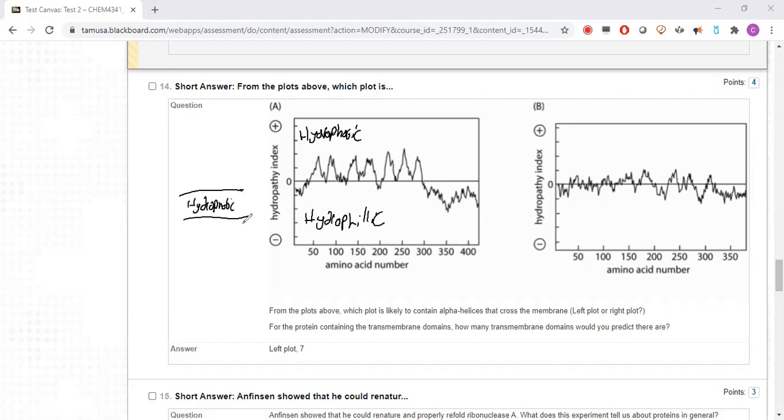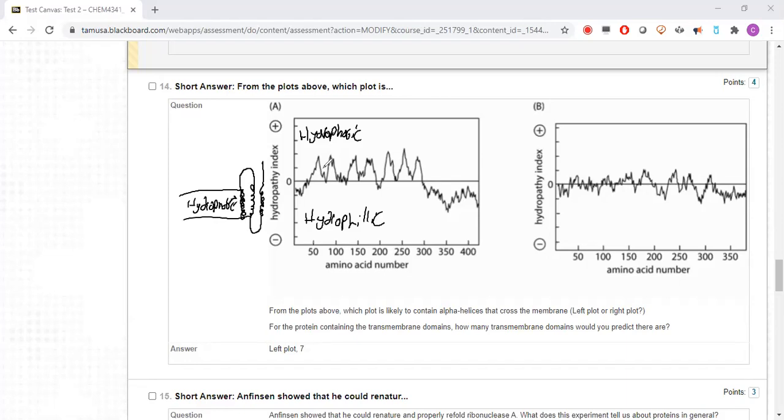So if I'm an alpha helix that goes through the membrane, that alpha helix must also be hydrophobic, right? So what you're looking for is large areas of hydrophobicity, and that they will repeat, because what happens for a protein is that it'll go through the membrane, come out the other side, and then go through again, come out the other side, go through again.